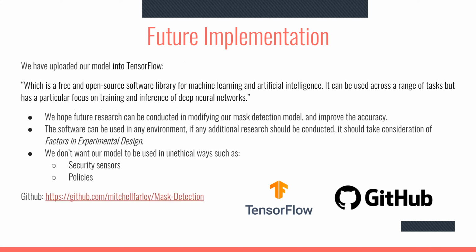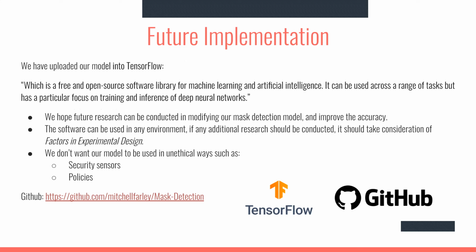So for our future implementations, we uploaded our software to TensorFlow, which is an open source software library for machine learning and AI. And then we uploaded that code into GitHub for anyone to use, and it's totally open source. We hope future research can be conducted in modifying our mask detection model and improve the overall accuracy. The software can be used in any environment.